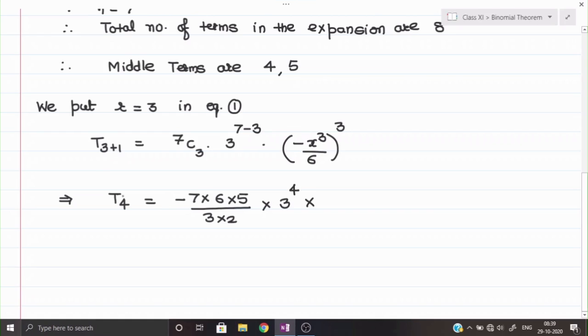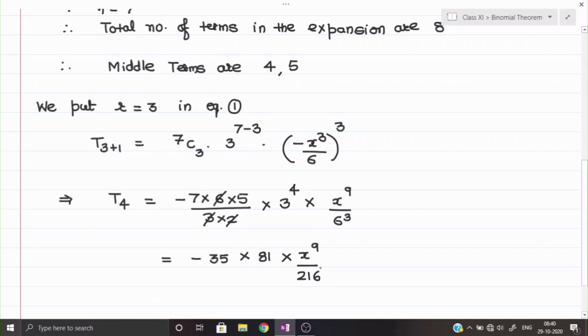Power of x will become 9, upon cube of 6. Now here we can cancel something, 3, 2 and 6 can be cancelled, so remaining will be minus of 35 into 81 into x to the power 9 upon 216.